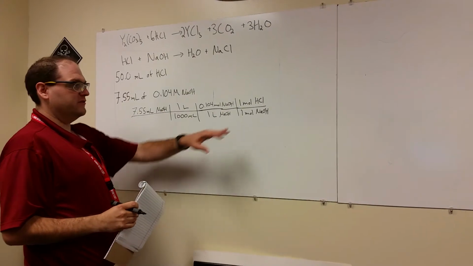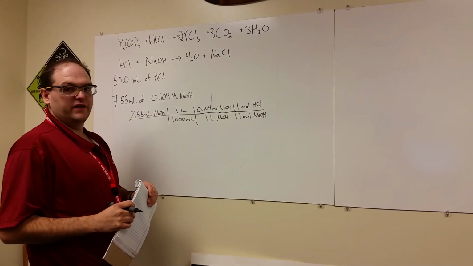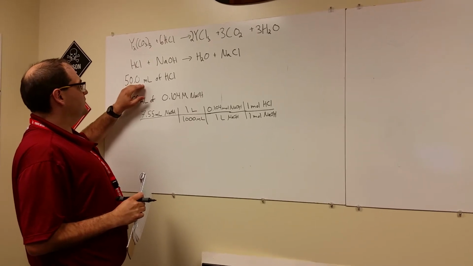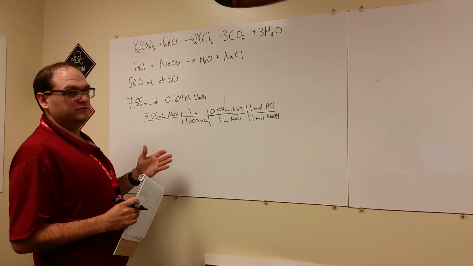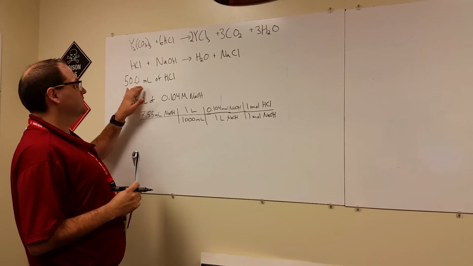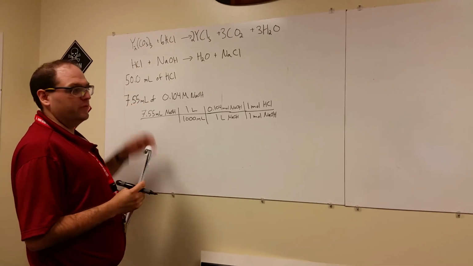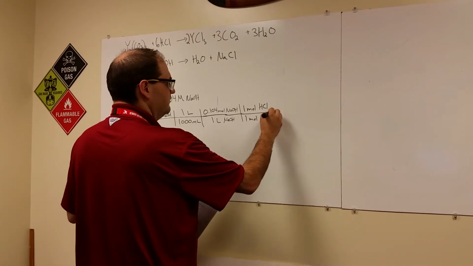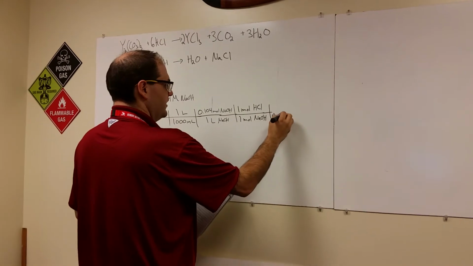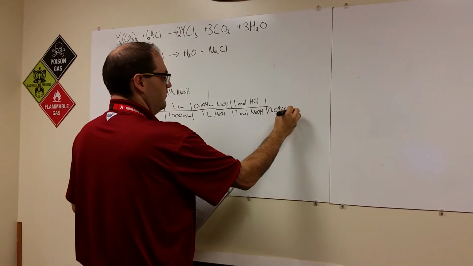You could stop here and solve for moles of HCl and then convert the 50 milliliters of HCl to moles. But I'm going to go a step further. I'm going to go to the milliliters of HCl. We know that the molarity of HCl in this particular case is 0.0965 molar.